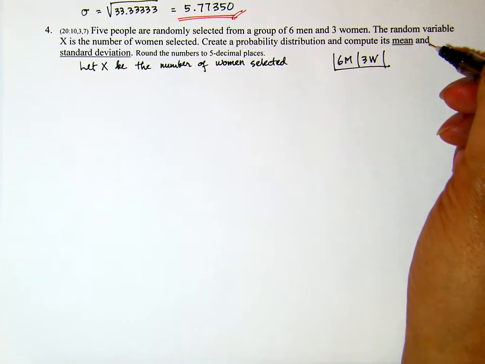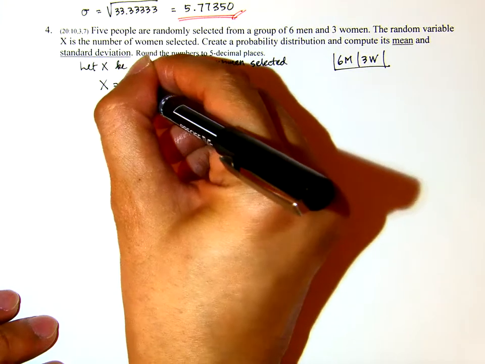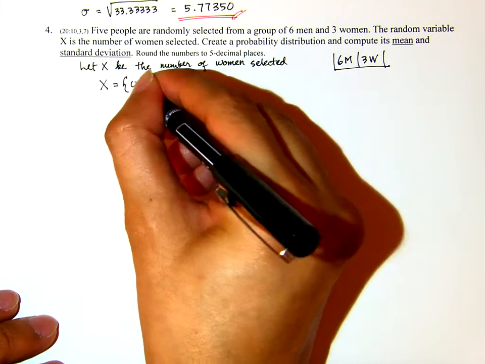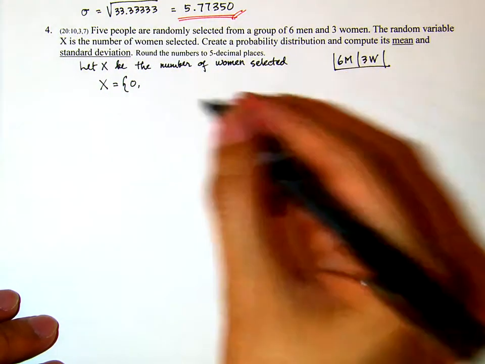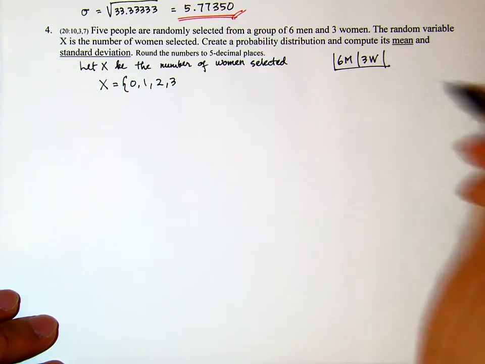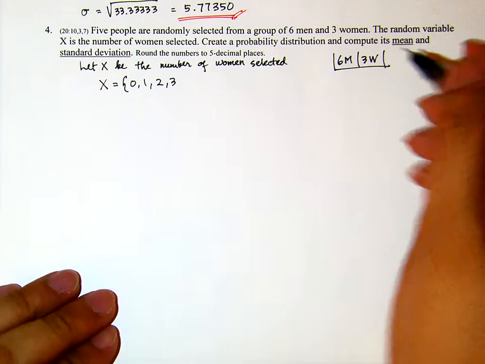Now we need to select 5 of these 9. Then the outcomes for x are maybe none of them women, because all of them men, or maybe 1, 2, 3, but at most 3, because we only have 3 women, even though we are selecting 5. Okay.